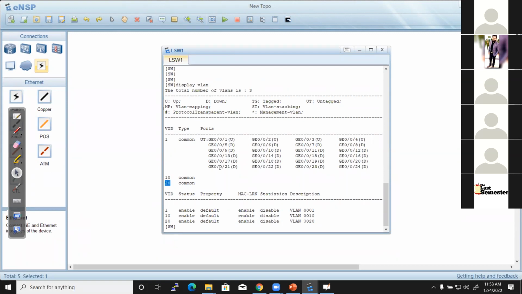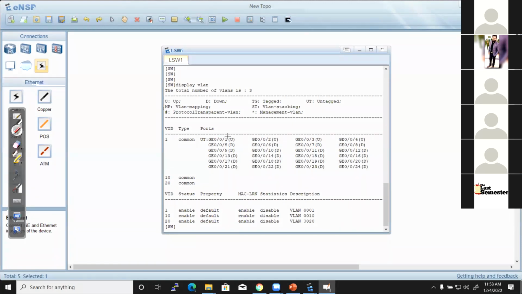But still, these four ports are members of VLAN 1. So by simply creating VLANs, ports cannot be associated automatically.